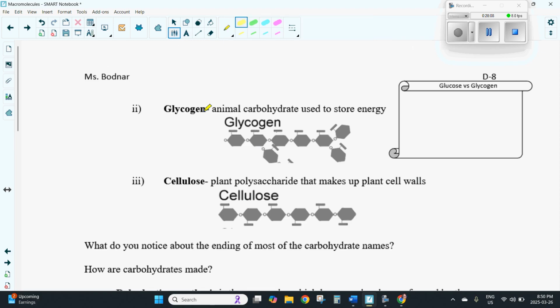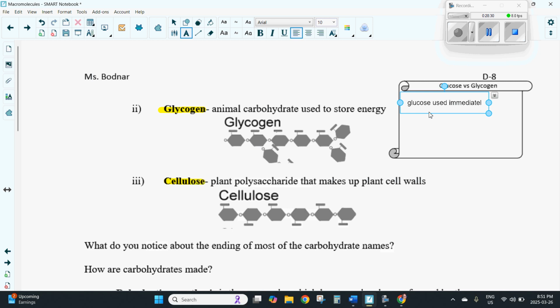Glycogen is what I mentioned earlier when it came to sugar being stored. So glycogen is an animal carbohydrate that's used to store energy. So again, if we have glucose, glucose is used immediately. So over here it says glucose versus glycogen. Glucose: used immediately.